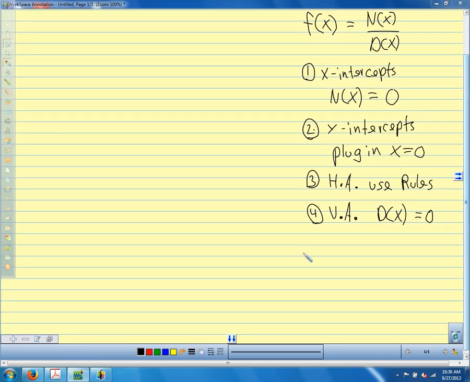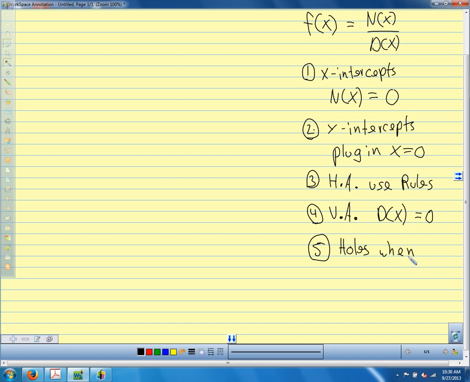When we find our vertical asymptotes, what else do we have to look out for? Holes. We find our holes where? When the numerator and denominator have a common factor. The way I usually think about it is when they both equal 0 at the same time.